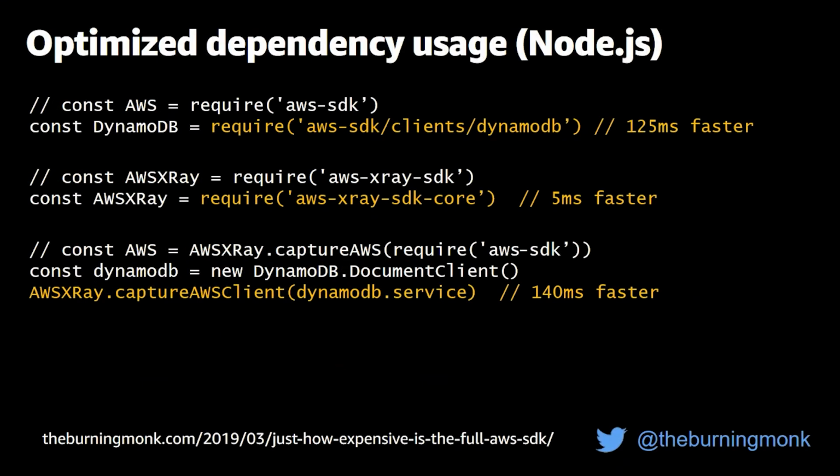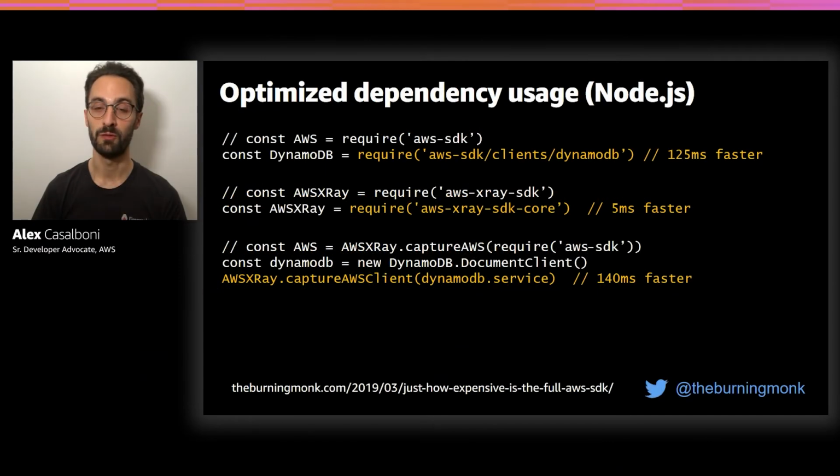Optimize dependency usage. This is pretty common, especially for Node.js. If all you're doing, for example, is using the DynamoDB client inside your functions for simple CRUD operations, instead of importing the whole SDK, you can just import the DynamoDB module. And that sometimes will save you up to 100+ milliseconds. Again, we are talking about cold start.